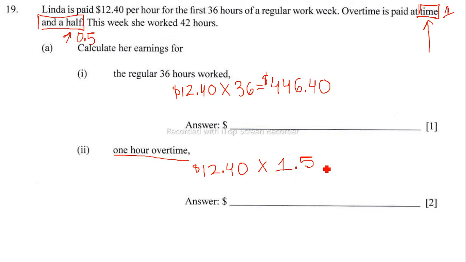So $12.40 times 1.5 is going to be what? 18.6. So $18 and 60 cents. $18.60 is the correct answer.